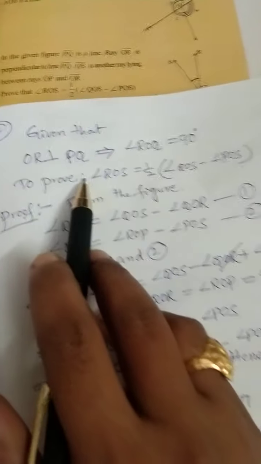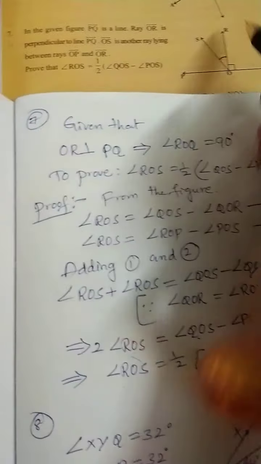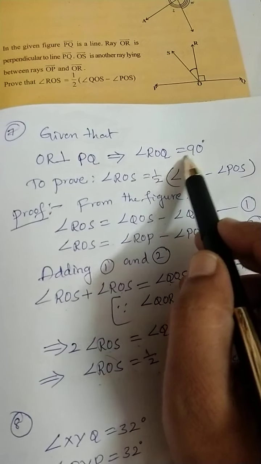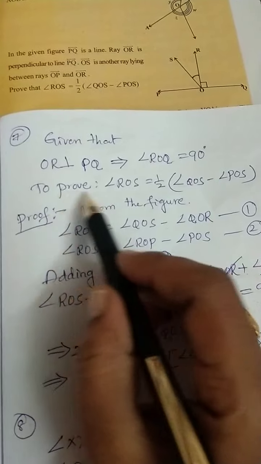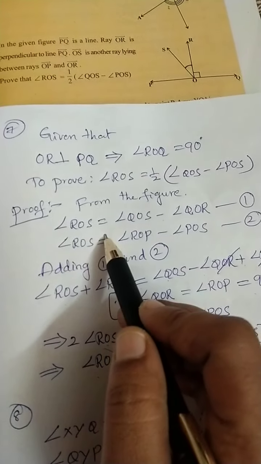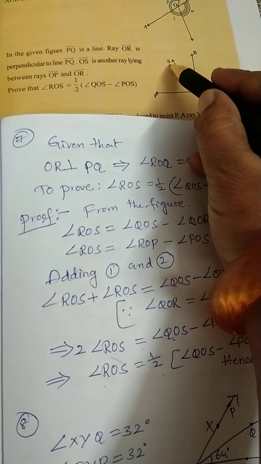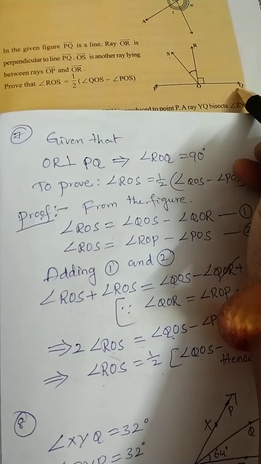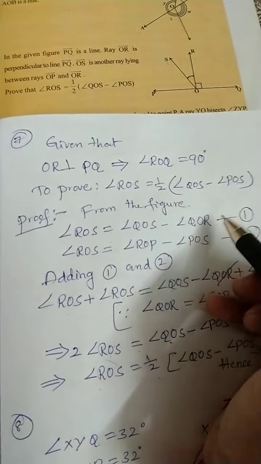Seventh answer. See, given information I wrote here: RO is perpendicular to PQ and ROQ is 90 degrees. We need to prove this one. From the figure we can write ROS is equal to QOS minus ROQ.